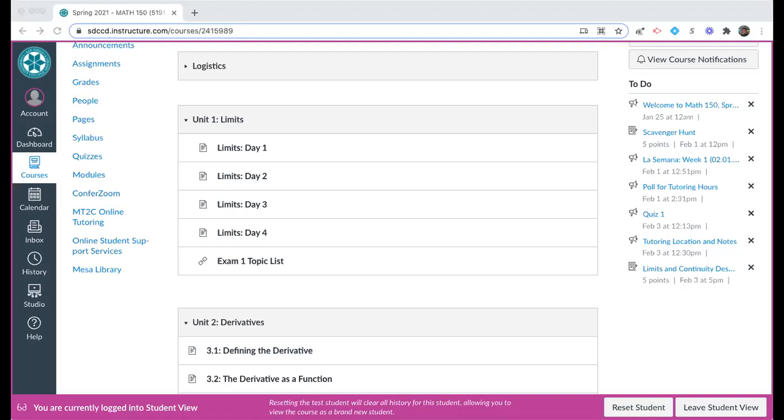Exam 1 is going to open at 9:30 a.m. on Friday next week, Friday the 19th. It will close at 9:30 p.m. You have 12 hours, and within that window, once you open the test, you have 2.5 hours to complete it.